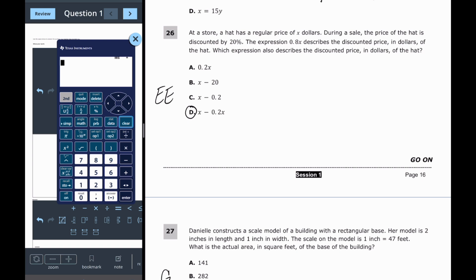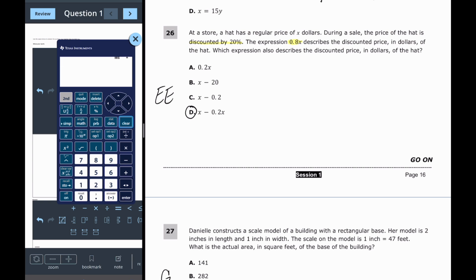At a store, a hat has a regular price of x dollars. During a sale, the price of the hat is discounted by 20%. So we already saw something like that, right? Where it's 20% off. So it can be expressed as 0.8x describes the discounted price in dollars of the hat. Which expression also describes the discounted price in dollars of the hat?